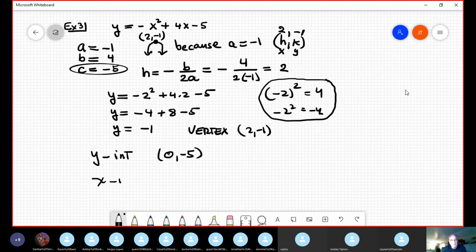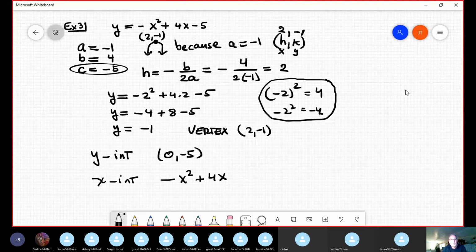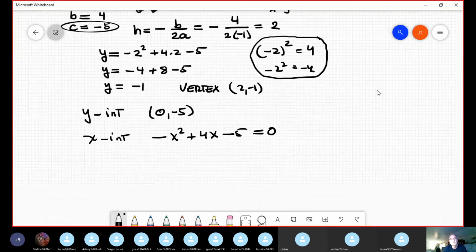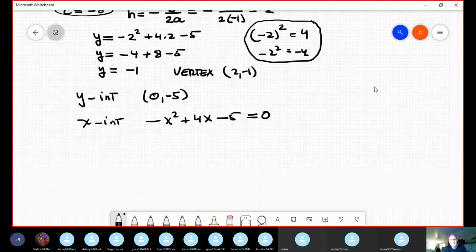And the x-intercept, no, it's more complicated. You take the equation, set it equal to 0, and solve this quadratic equation.